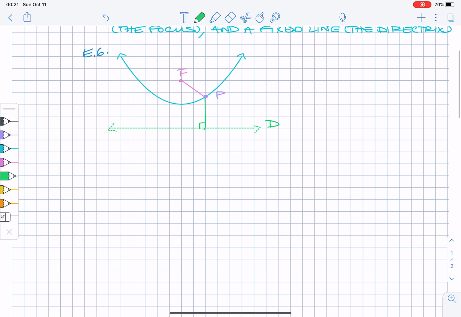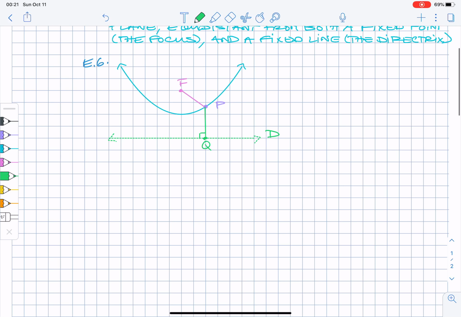I'll call this Q. Of course, I didn't picture it perfectly, but it's supposed to be equal. So from the point to the focus is equivalent to from that same point to Q, where Q is on the directrix. And it's the closest point.